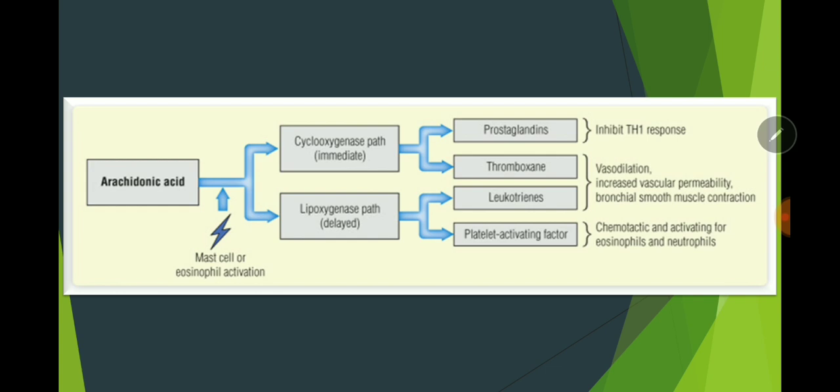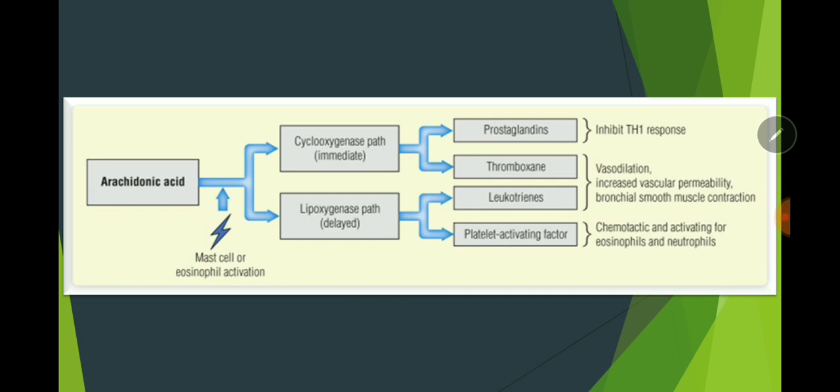All right, so this is a schematic which gives a very short summary of what you need to know. Arachidonic acid is produced from mast cells or eosinophilic activation or degranulation.